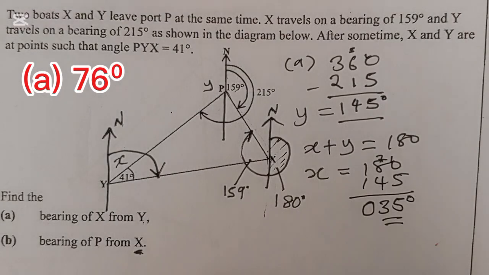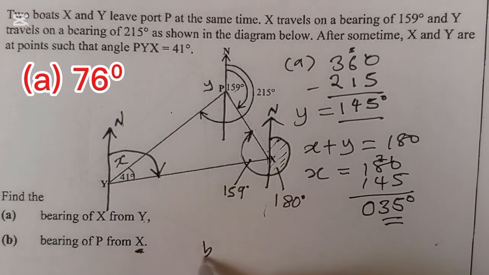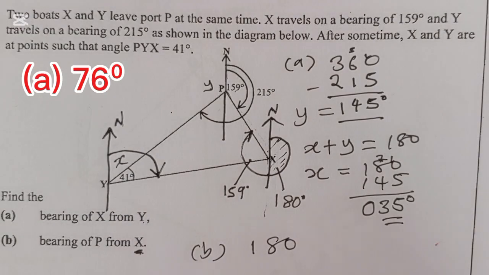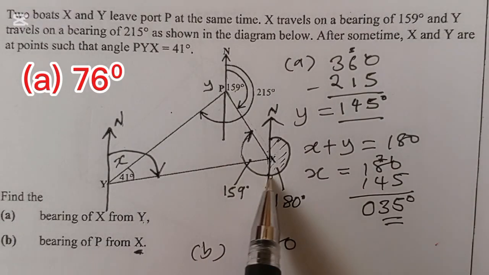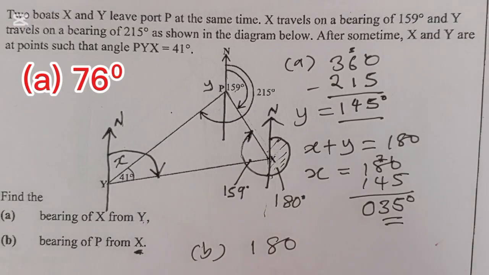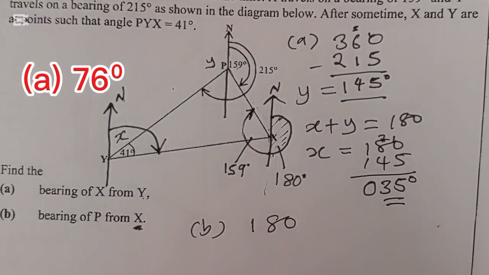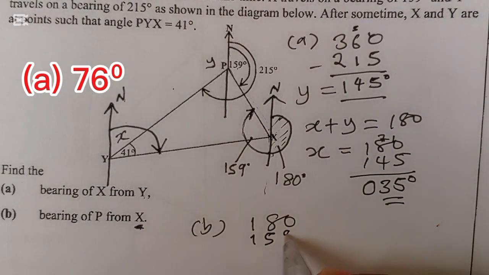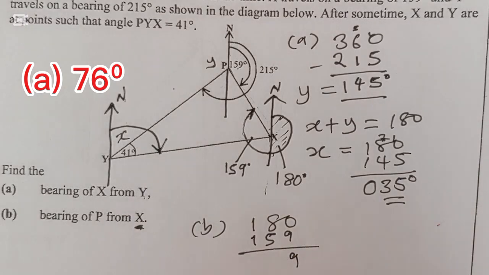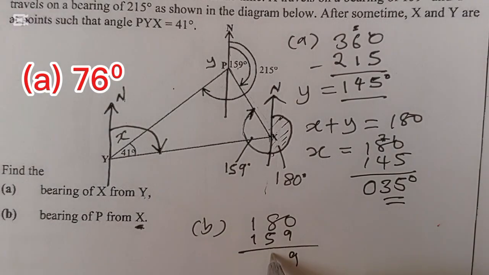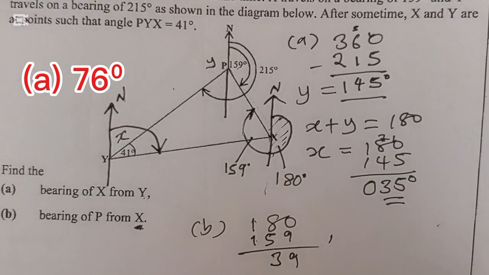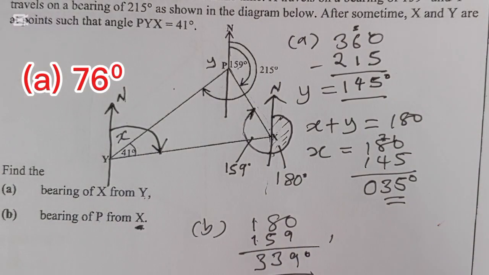So we'll say 180 plus from here to there, which is 159. So 8 plus 5, we are going to have 13. So we have 3, carry 1. So 1 plus 1, 2, 2 plus 1, 3. So we have 339 degrees. So that is our answer.